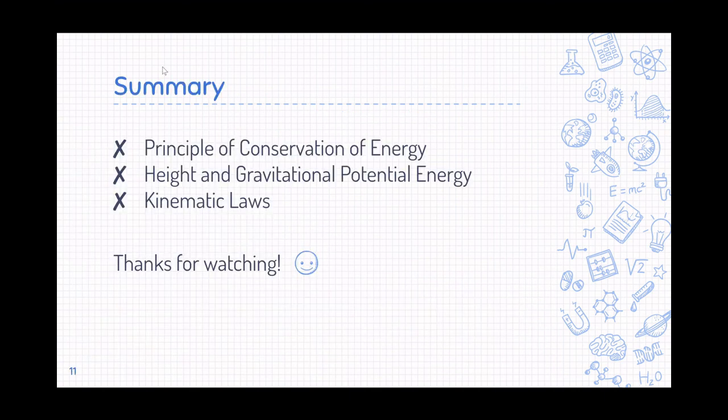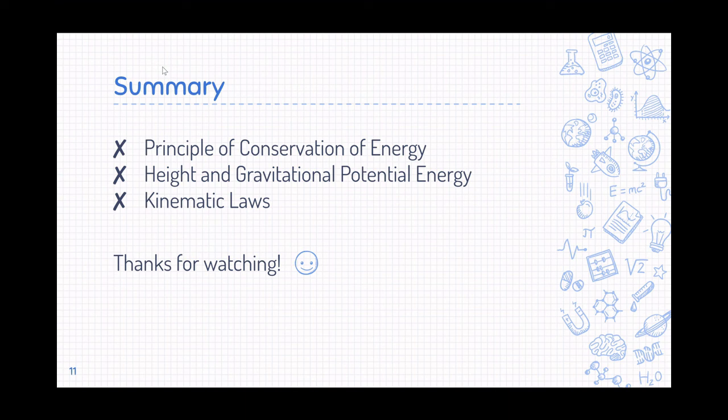In conclusion, we learned about the principle of conservation of energy and how energy can neither be created nor destroyed and can only be transformed from one form to another. This means that the total energy of a system has to remain constant, and any gain or loss in kinetic energy has to be from the gain or loss of energy in another form.